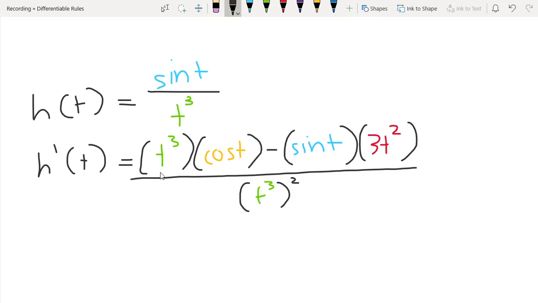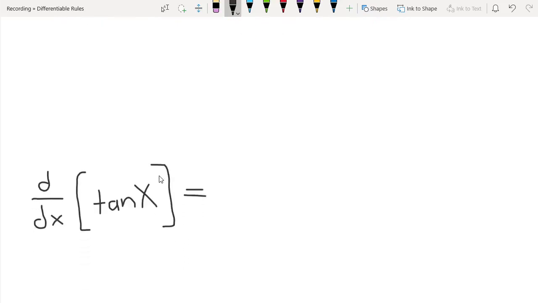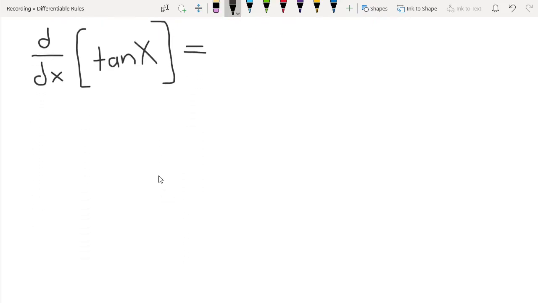So now we have our next practice problem here, where we are asked to find the derivative of tangent of x. So in order to find the derivative of tangent of x, first let's rewrite it. So I'll just rewrite it like this, d of x.